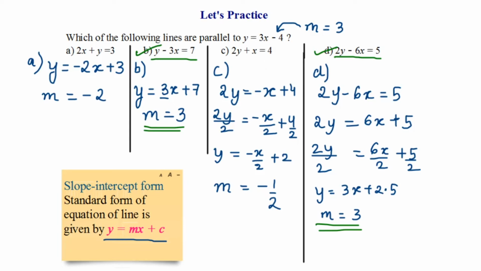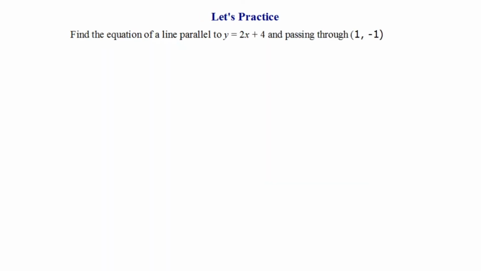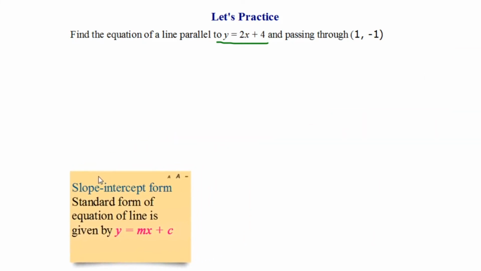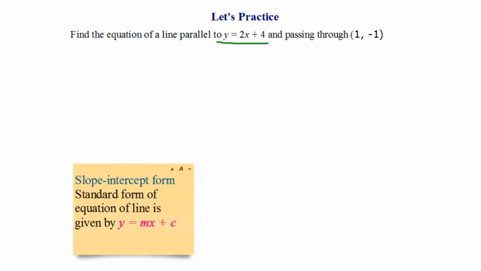Okay, let's move further and we'll find the equation of a parallel line. Find the equation of a line parallel to y = 2x + 4 and passing through (1, -1). Firstly, let's figure out the gradient of this line. We know that the slope-intercept form of the equation of a line is given by y = mx + c.